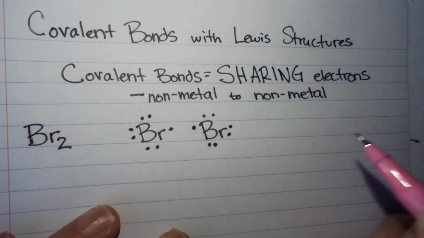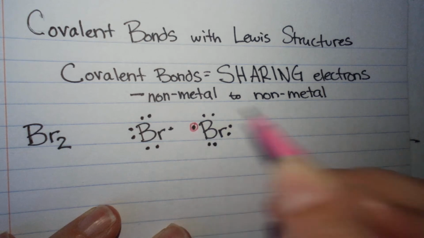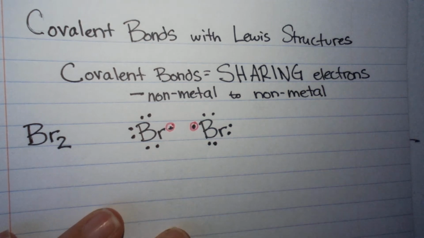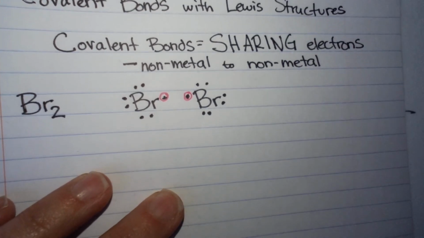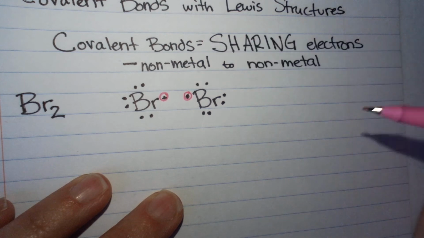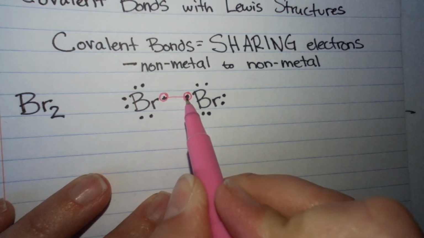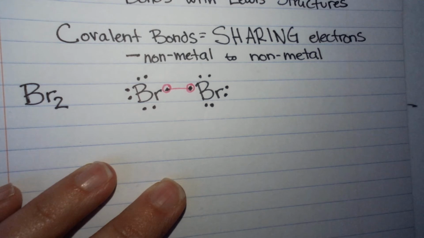So when I look at bromine, I can see that it has 1 lonely electron for each of those bromine atoms. What happens in a covalent bond between these nonmetals is that these electrons are going to be shared. And that's where the bond is going to happen.